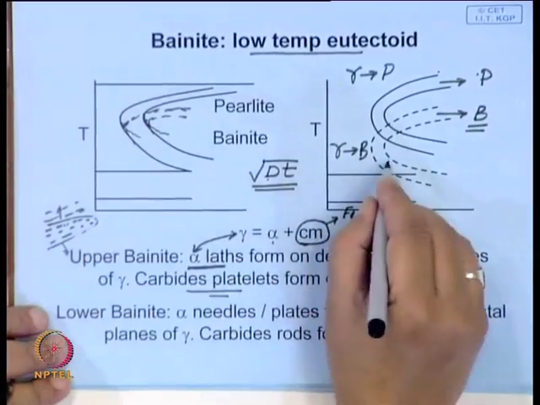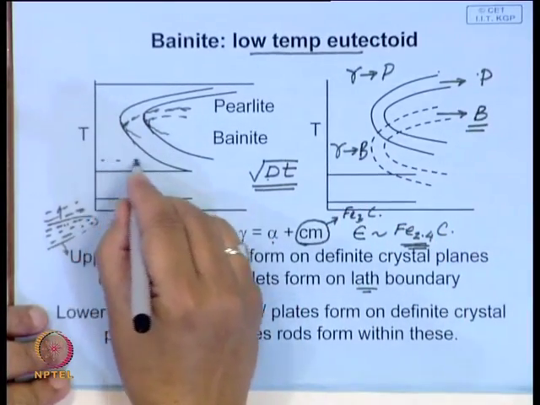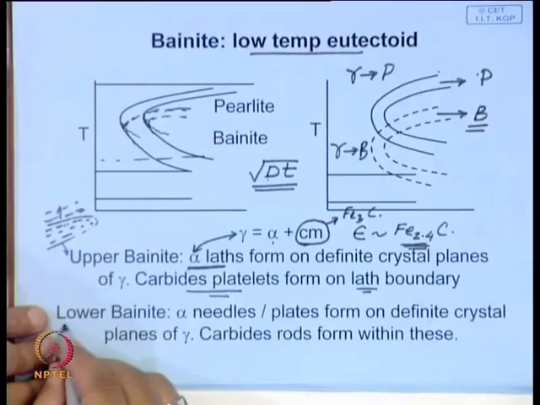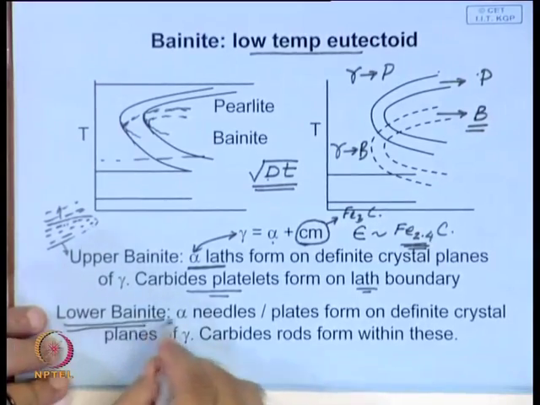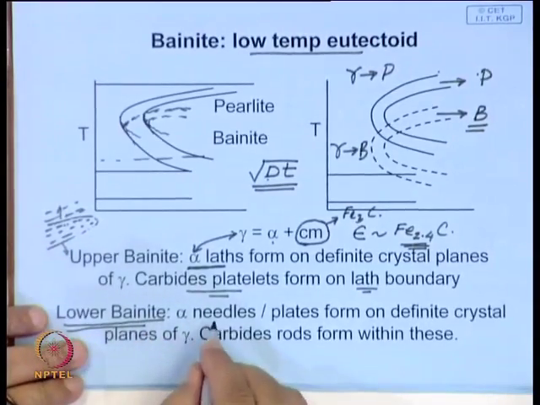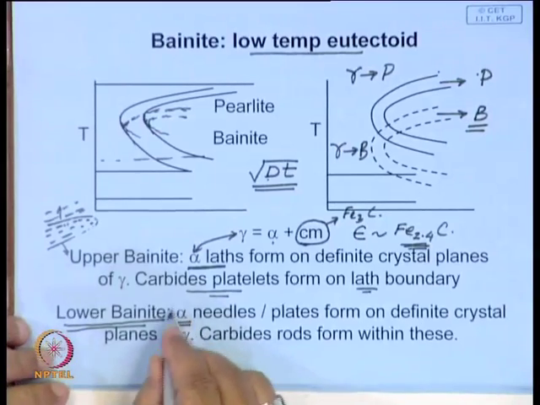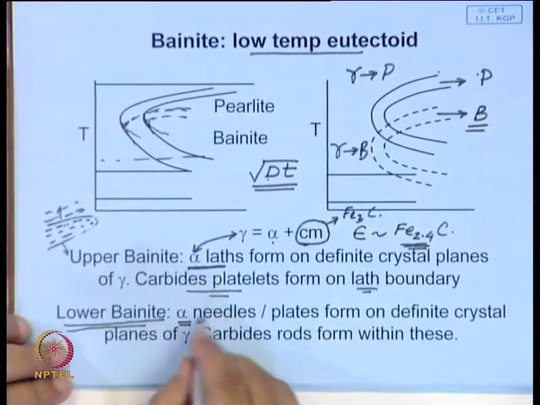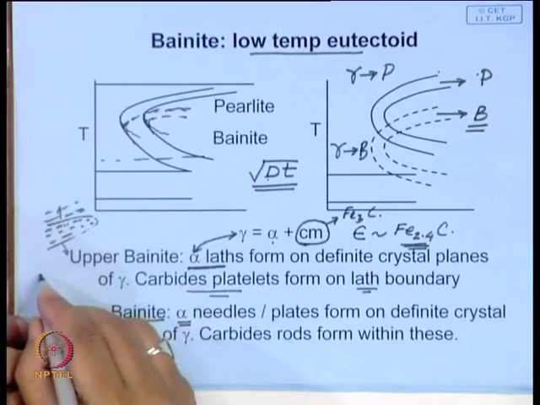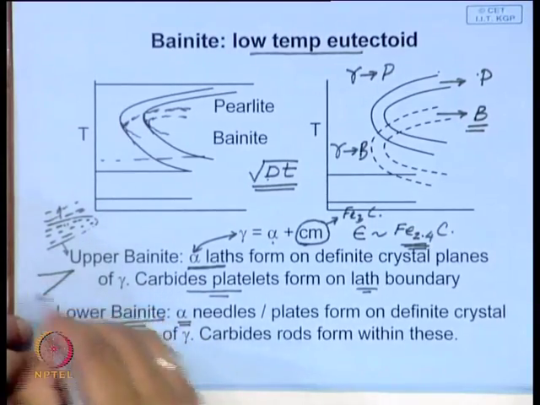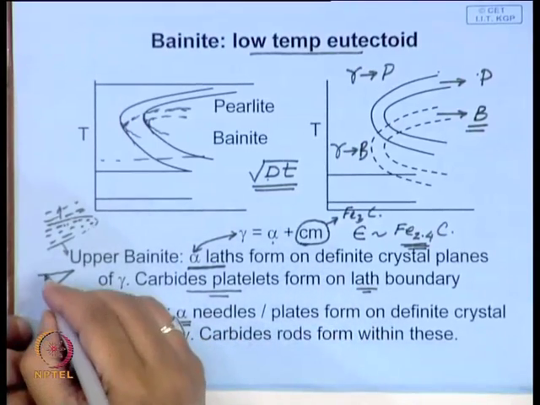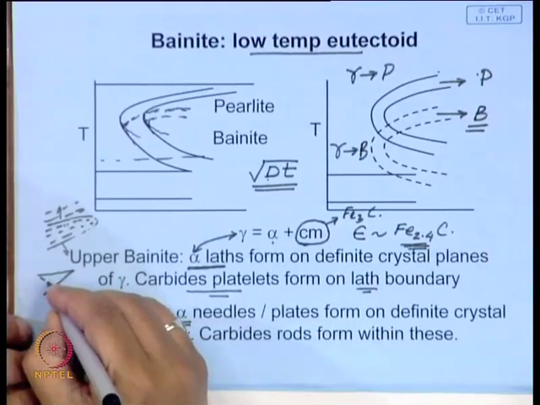If your transformation temperature is lower, say somewhere here, then you get a different type of bainite, called lower bainite, and here the shape of the alpha that nucleates is a little different. This is needle type, and the carbide that forms may also be a little different, differently oriented, something like this.